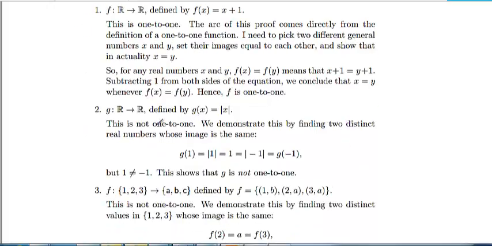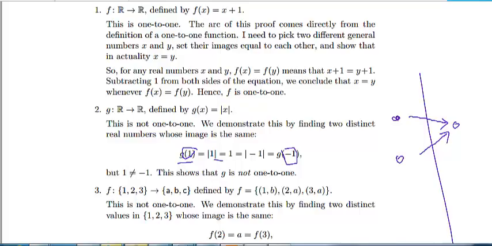Now to show something's not one-to-one, you just need to set two outputs equal and show that there are two different inputs that give the same output. So here's two different inputs. G of 1, absolute value of 1 is 1, absolute value of minus 1 is 1. So I have two different inputs, namely 1 and minus 1, that give the same output. You could draw that picture like this. On your absolute value, you have two inputs, and they give the same output.